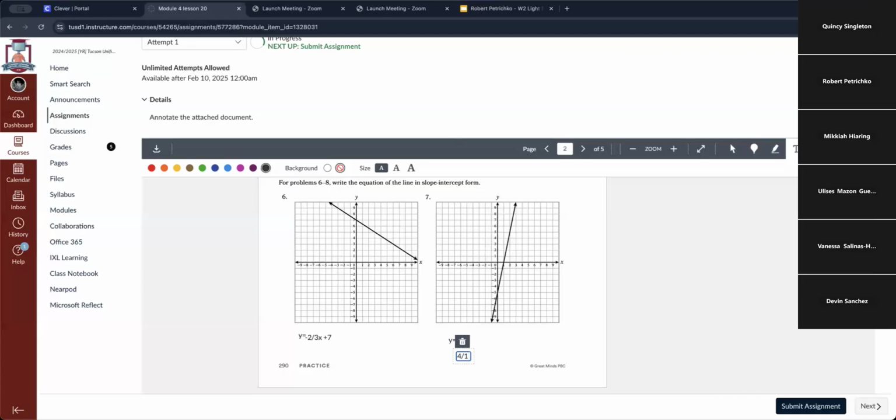And the m here is 4. Okay, and then the b is where it crosses, which is -6. Y equals mx plus the -6.